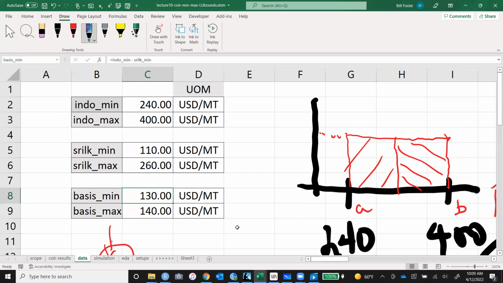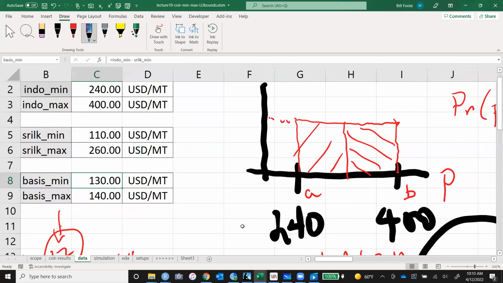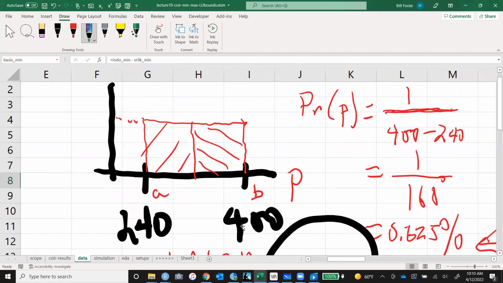And here is the distribution over here. This is a distribution from a minimum of 240 and 400 for Indonesia. And each of these is equally likely. Equally likely means 1 over, there's $160 difference there. There's 62.5 basis points. Very, very simple.